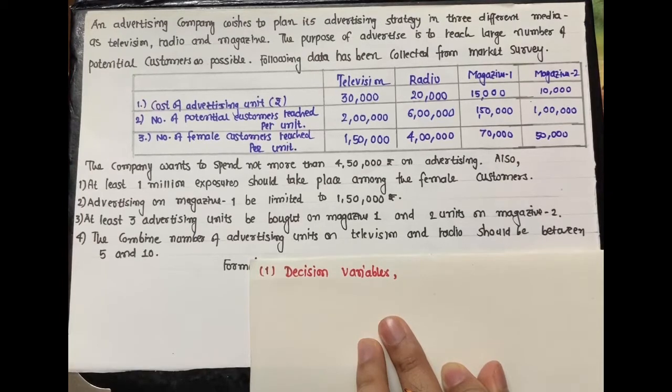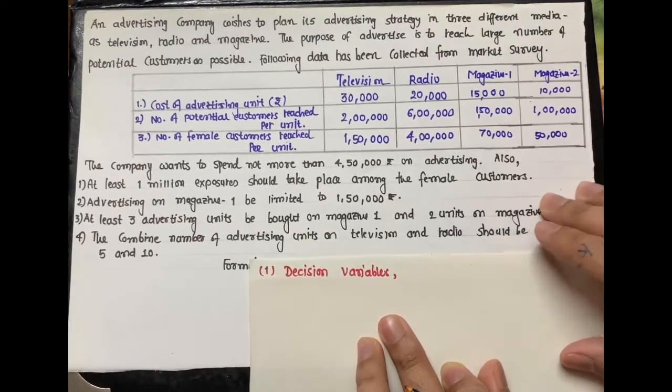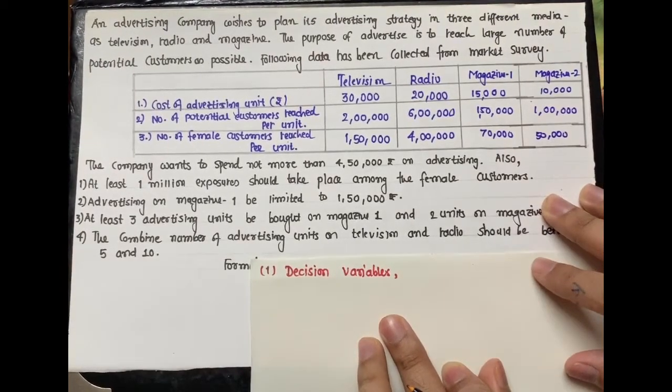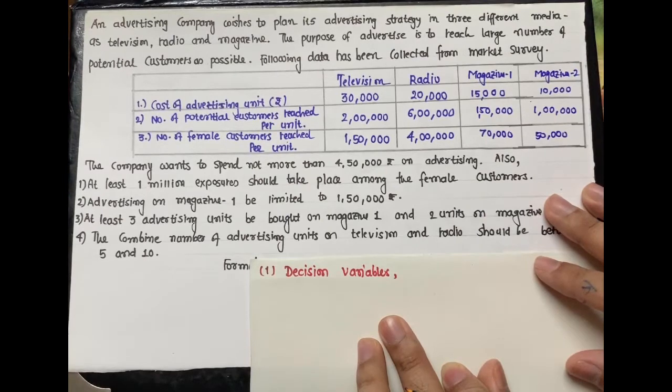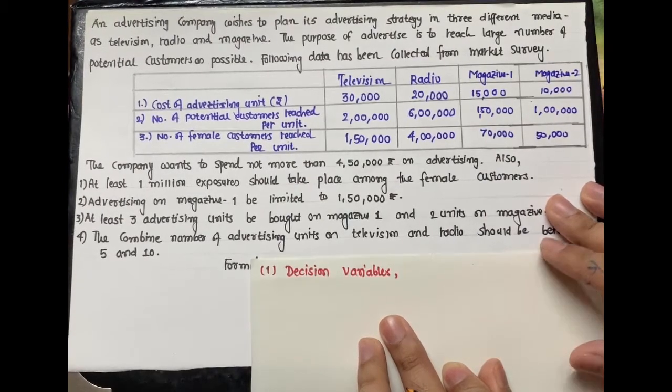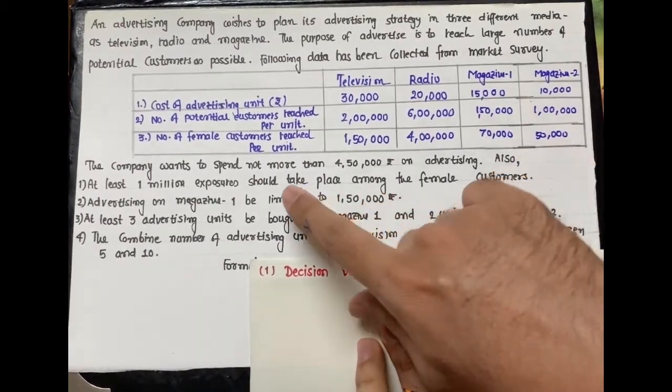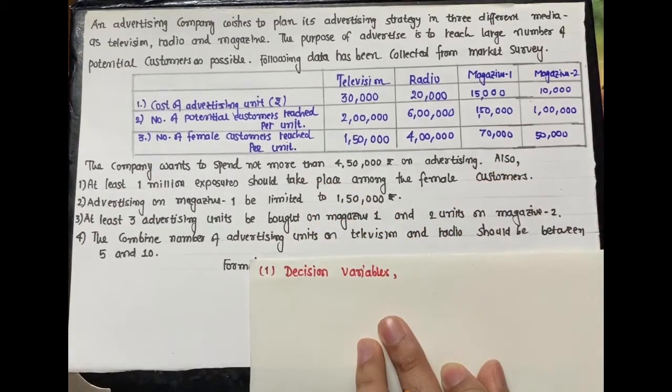Okay, that how many units of advertisement should be published or should be bought on magazine 1. So cost does not justify that particular constraint. So here I will take advertisement units as my decision variable, because that is something that can justify all these constraints.